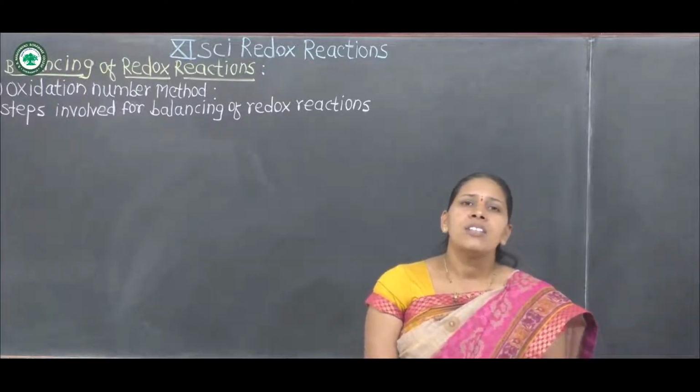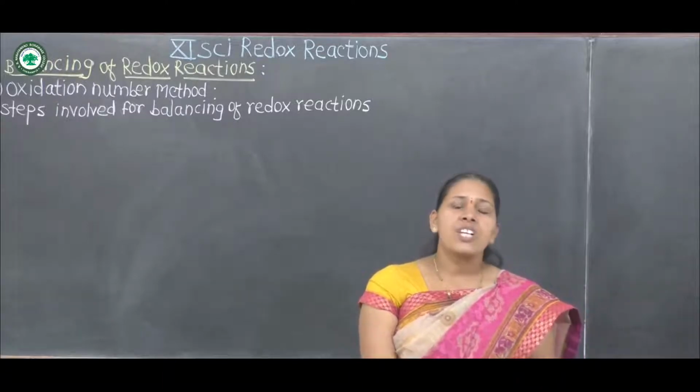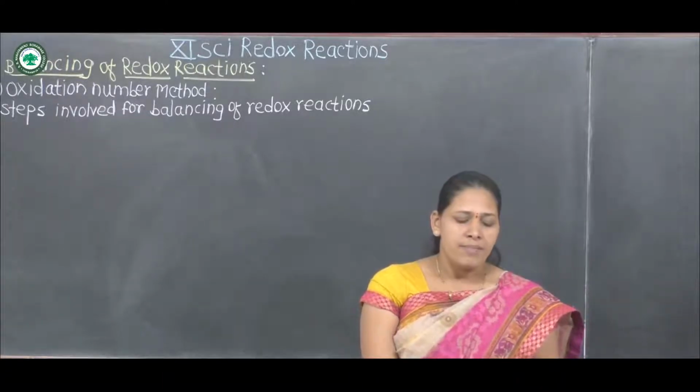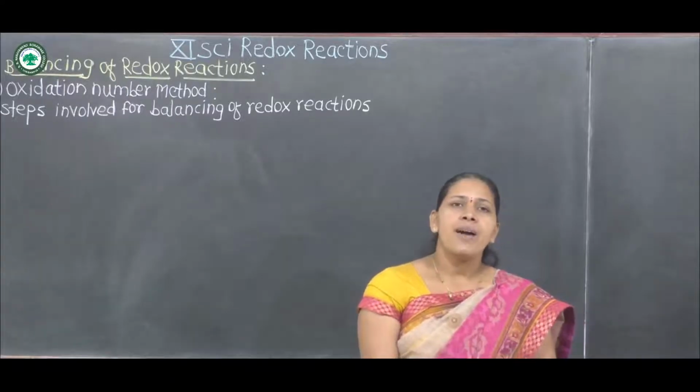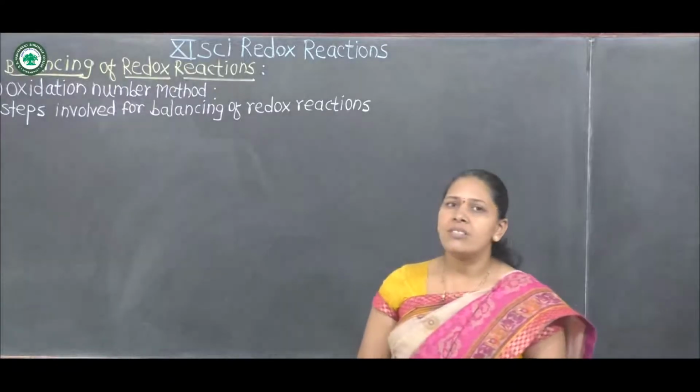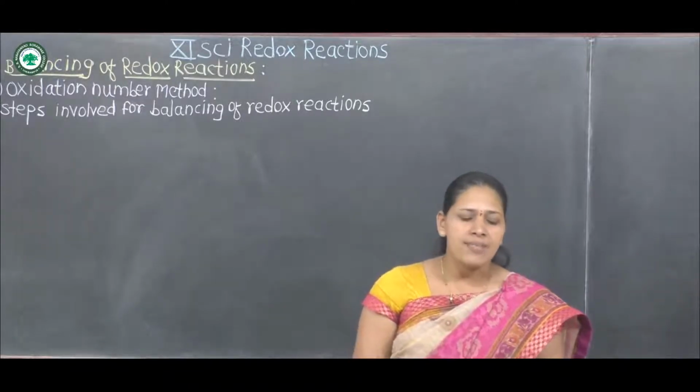Balance the following redox reaction in acidic medium by the oxidation number method. Our question is to balance the following redox reaction by the oxidation number method, which occurs in acidic medium.